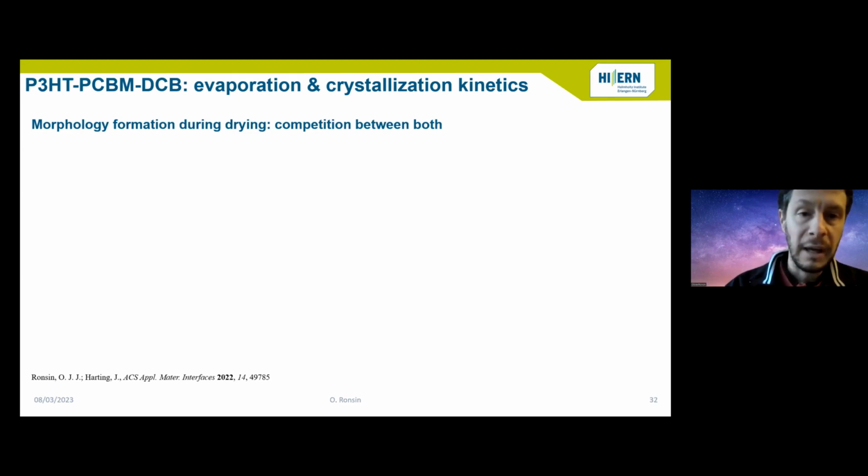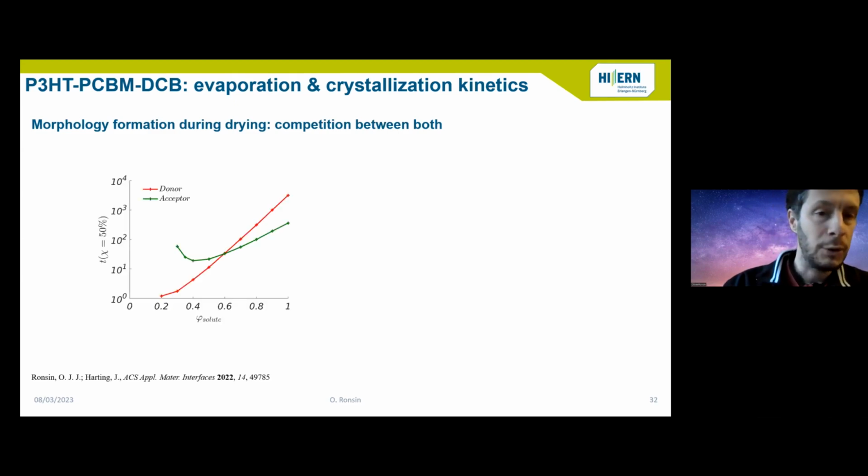So first, with independent simulations, we can characterize the crystallization kinetics of both solutes in a solution at fixed concentration. And if we do this for several concentrations, we can then extract the crystallization time depending on the volume fraction of solute.